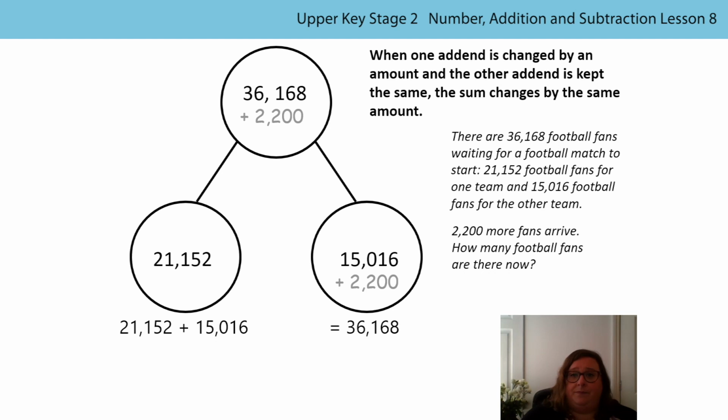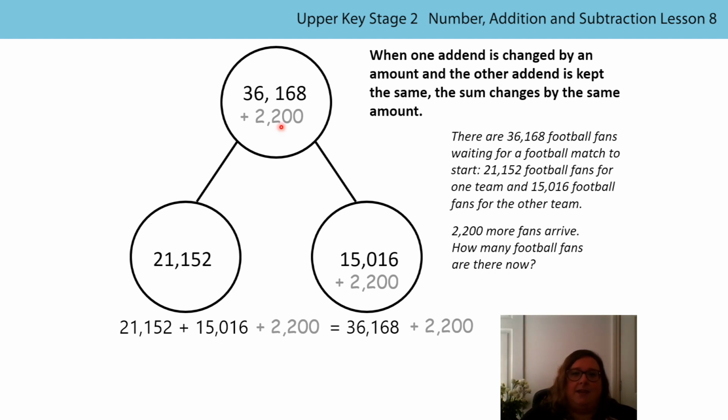and that will answer the question. So let's have a look at what that looks like in the equation. I know that there are 2,200 more fans, so there's an increase of 2,200. So I need to add 2,200 to 36,168. Oh, that's easy.